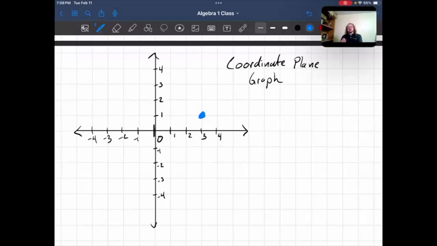It's telling me 2 things at the same time because it's above the 3 and it's to the side of the 1. Now, the way we write this is first we have to name each of the lines that we're drawing on. So this is called the x-axis. This is called the y-axis.